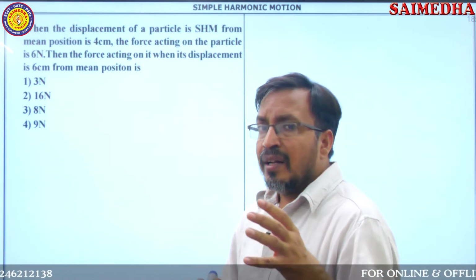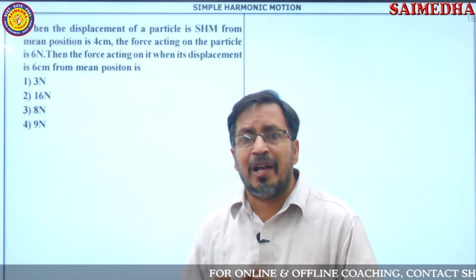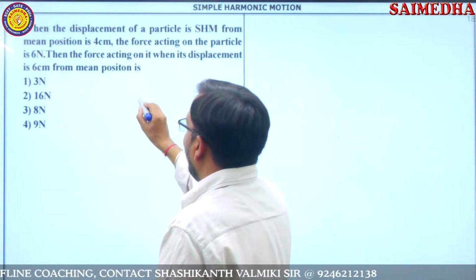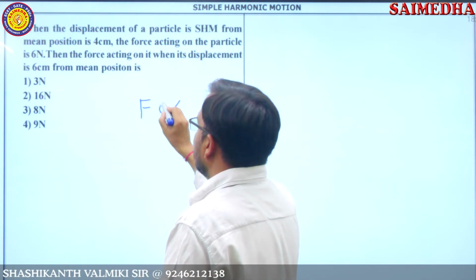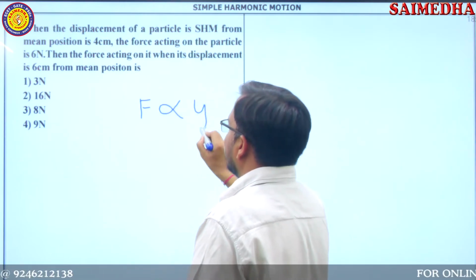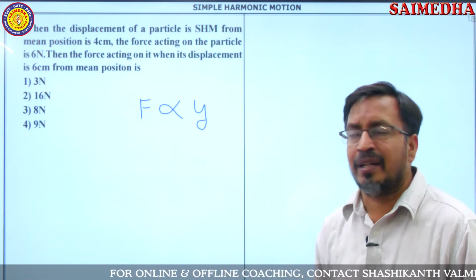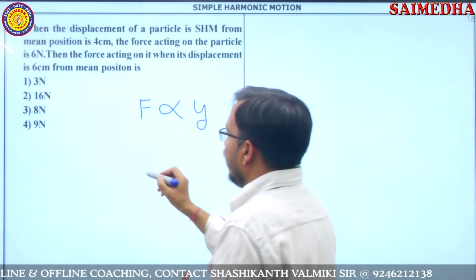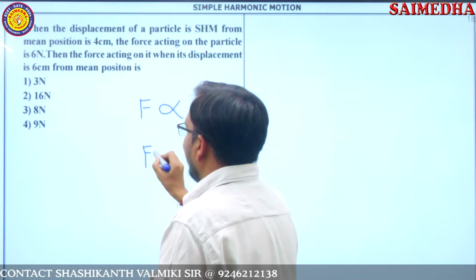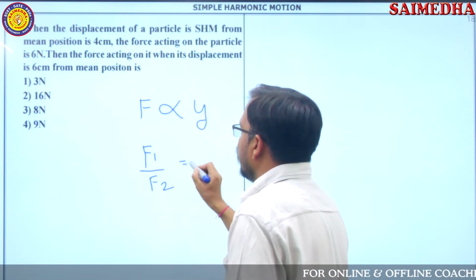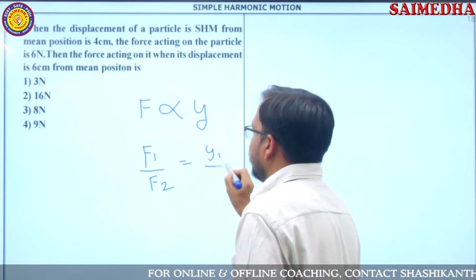From the definition of simple harmonic motion, force F is directly proportional to displacement. Now comparing, I am writing the equation F1 by F2 equals y1 by y2.